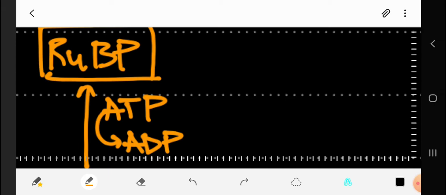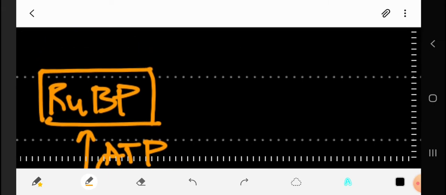In the light reaction, there are two types, cyclic and non-cyclic photophosphorylation. Their main aim is to produce energy currencies like ATP or NADPH. Whatever is produced in the light reaction gets utilized in the dark reaction to produce glucose.